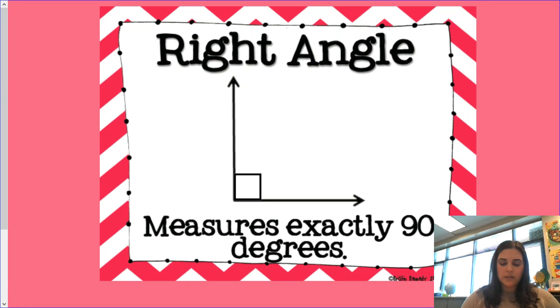When we talk about angles, there are three different types of angles that we will be talking about. The first one is a right angle, and it measures exactly 90 degrees. Talking about angles in terms of degrees is not something that we do a lot in third grade. You will see this as you get older.